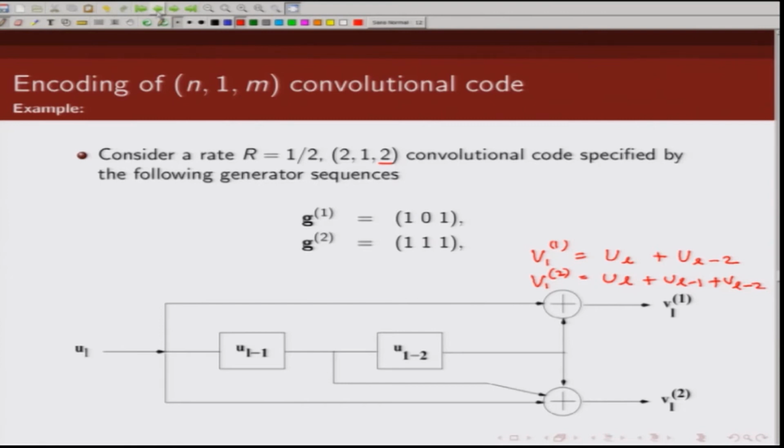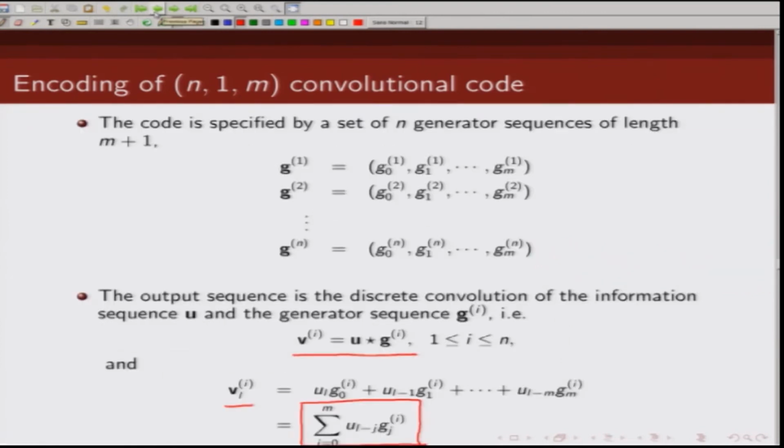If we go back, our output is this. If we expand it for this particular example, this will be UL G0 i plus UL minus 1 G1 i plus UL minus 2 G2 i.